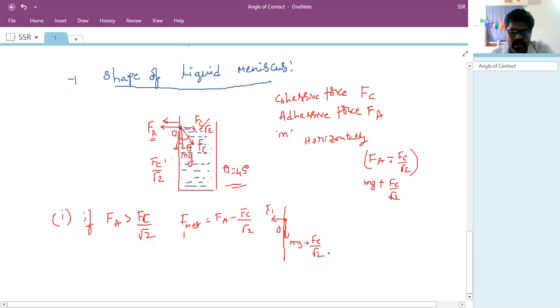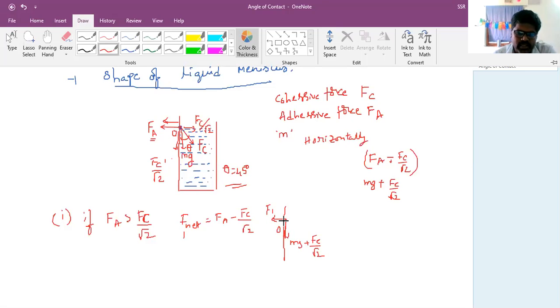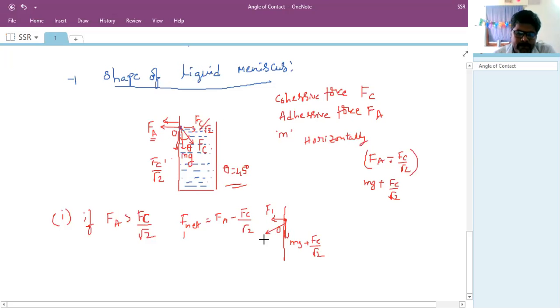The total force on this molecule is F1, that is Fa minus Fc by root 2, and mg plus Fc by root 2. The resultant of these two vectors will be outward, like this. Yes or no? So this is Fr, the resultant force.